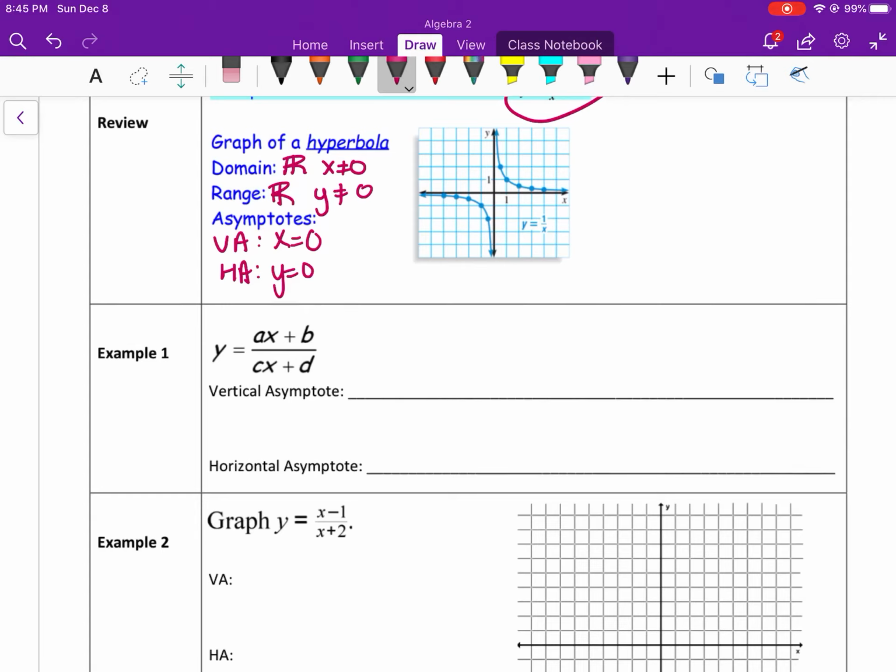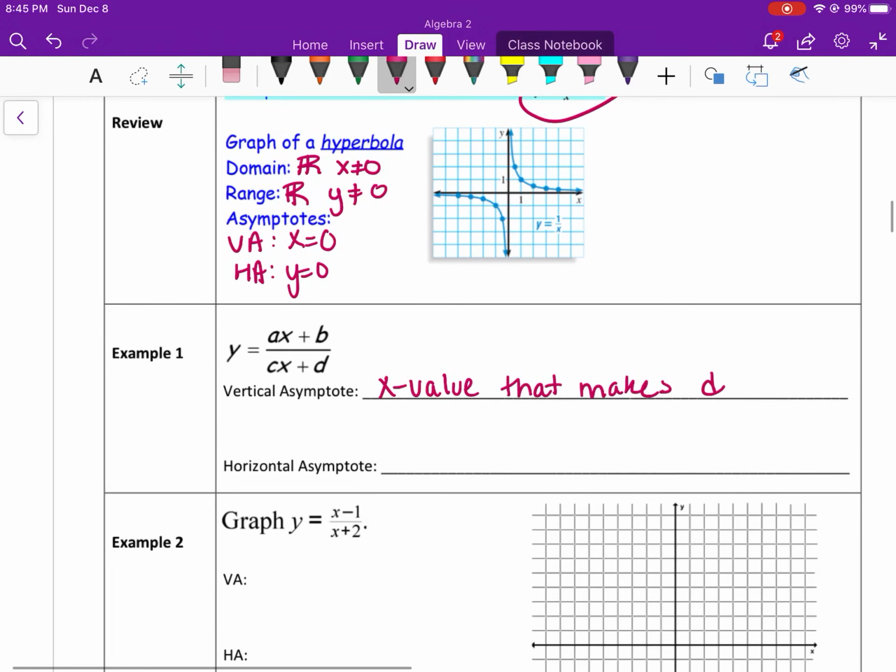We still have a vertical and horizontal asymptote, but the vertical asymptote is the x value that makes the denominator equal 0. How you find that value, sometimes it's obvious, but if not, you take cx plus d, the denominator, whatever it is, you set it equal to 0, and you solve for x.